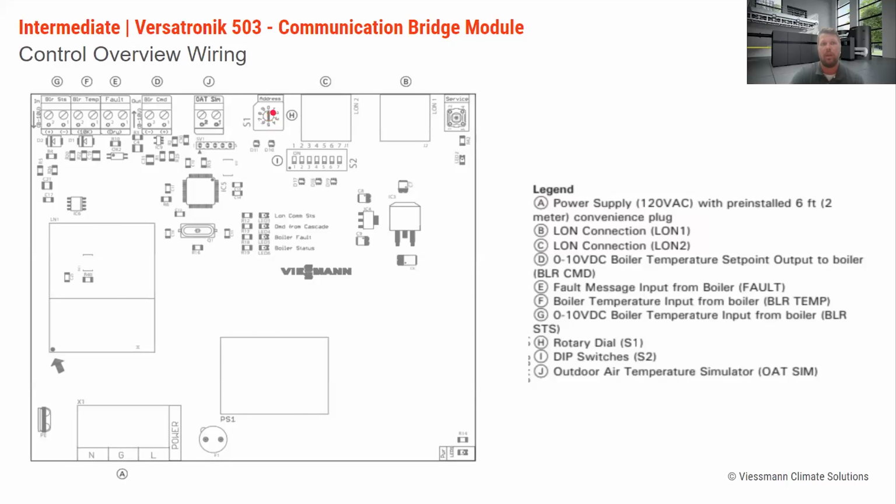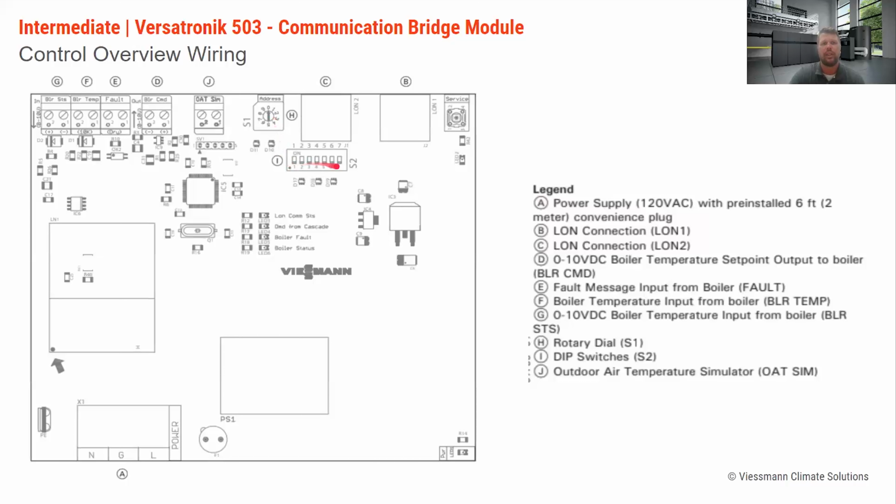So typically it's not going to be boiler 1. So boiler 2, 3, 4, up through 8. Remember, this is going to act as a full boiler or burner, and the LON communication can handle up to 8 burners. So this would just act as one of those 8.